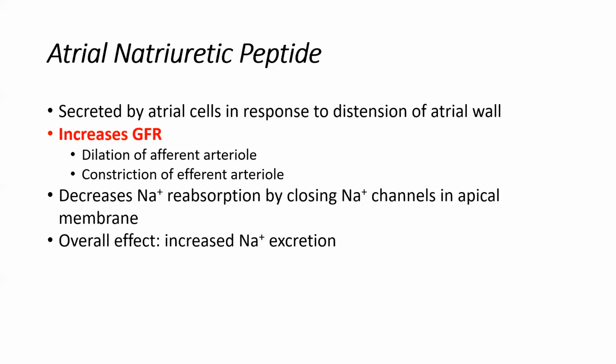Again, think about your chronically hypertensive patient. They have excess stress on the heart. This is why hypertensive patients usually have heart failure, because of that increased volume, increased work that the heart has to do with all of that blood volume circulating. And so the end goal here is to try to lose some of that sodium and lose some of that water in an effort to decrease blood pressure back to normal.